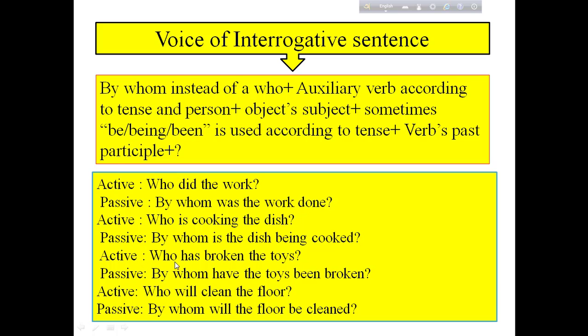Another example: who has broken the toys? Likewise, you have to write by whom, then the auxiliary verb according to tense and person. Here you have to write have, because the toys are in plural form.